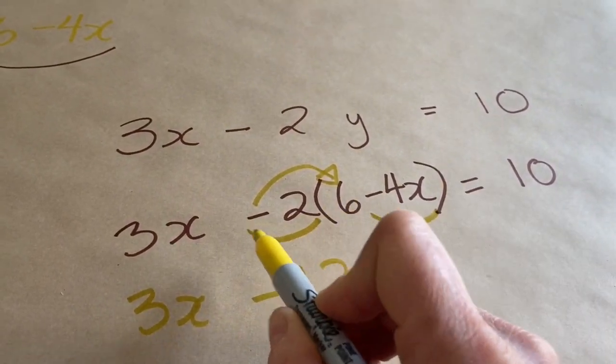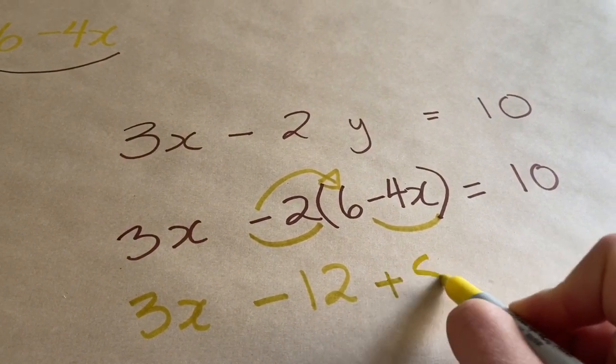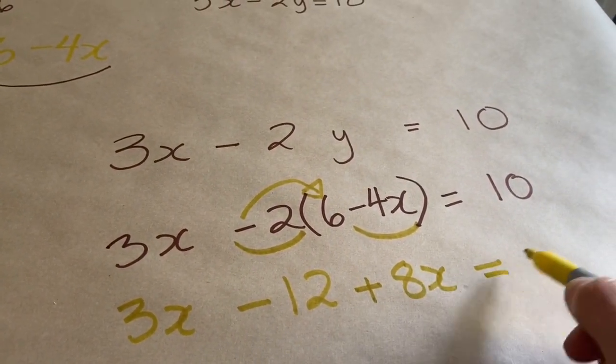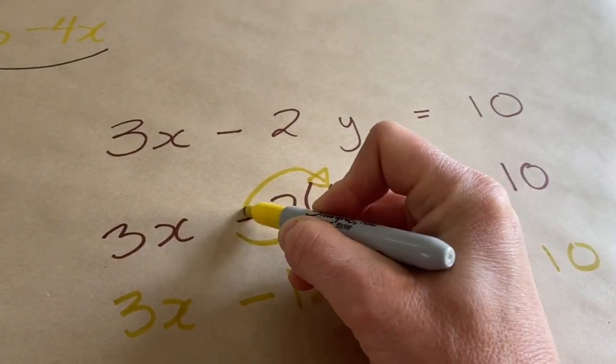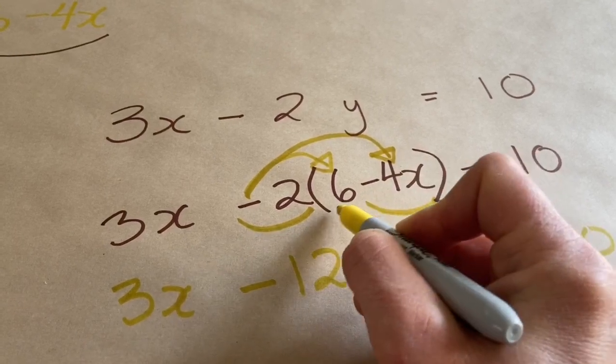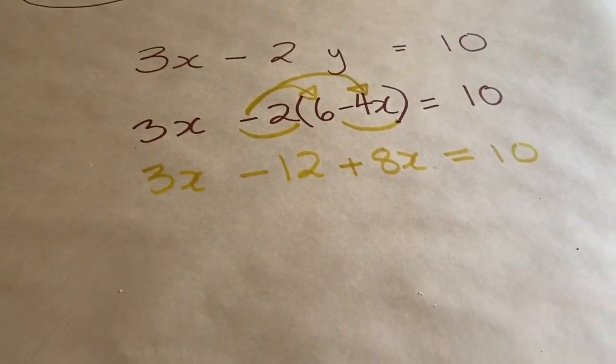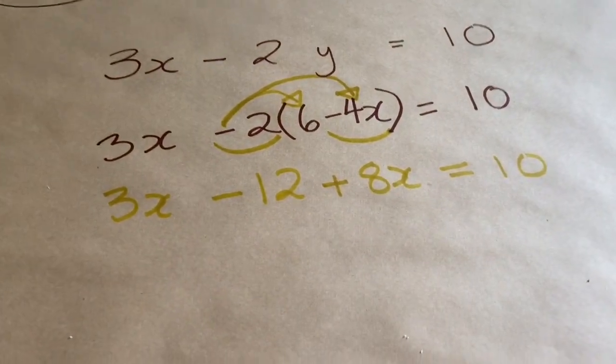So if I have a negative 2 times a negative 4, it's going to be plus 8x is equal to 10. Because this negative 2 multiplies by the first part, the 6, and the second part, that is minus 4x.